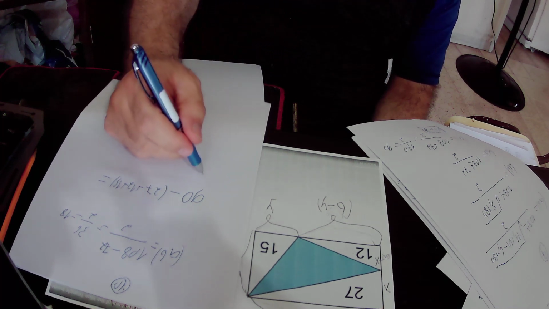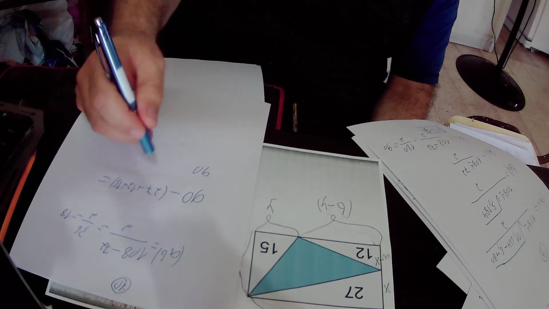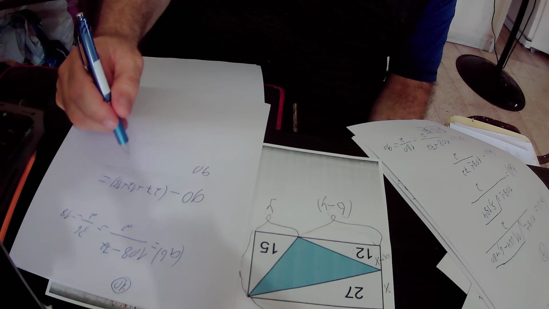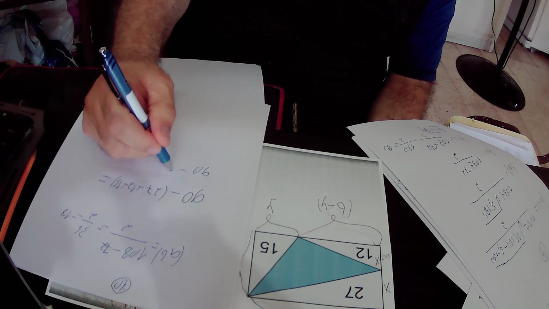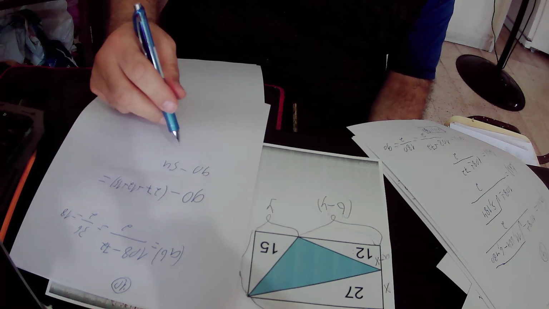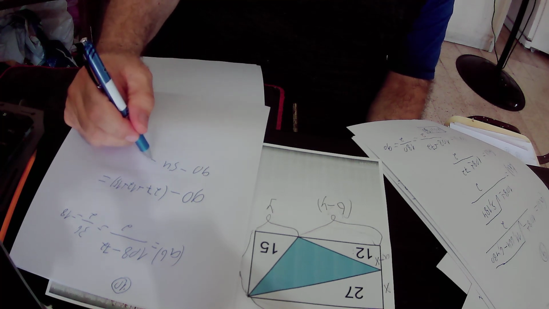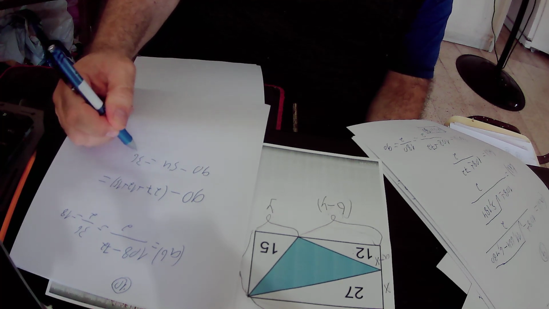So it is actually 90 minus 54, because 27 plus 12 plus 15 is 54. And 90 minus 54 equals 36.